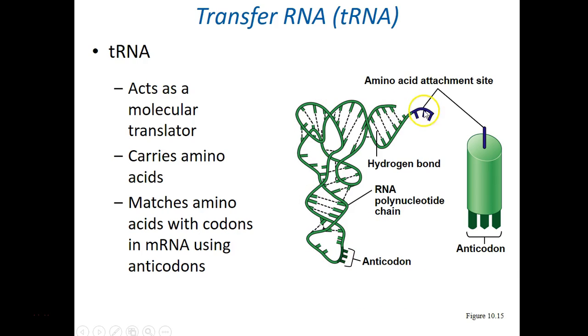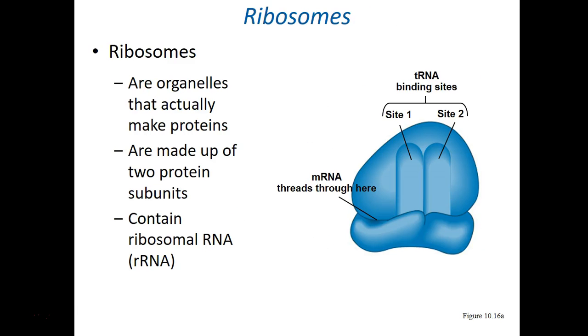And at the top of the tRNA molecule is an attachment site where it attaches to the amino acid. So basically your tRNA is like a tiny little specific Uber that brings in the amino acids to be processed and placed in the correct sequence when you are making your amino acid sequence.